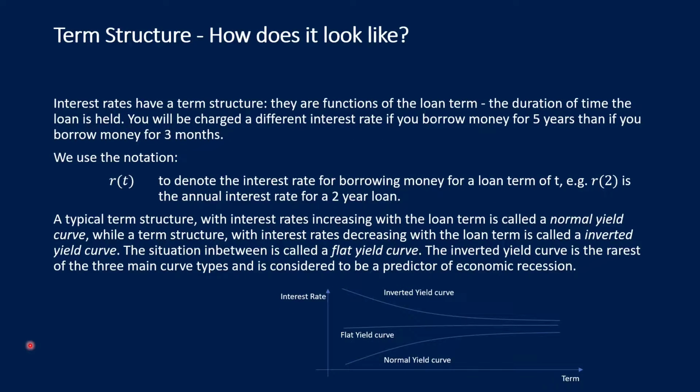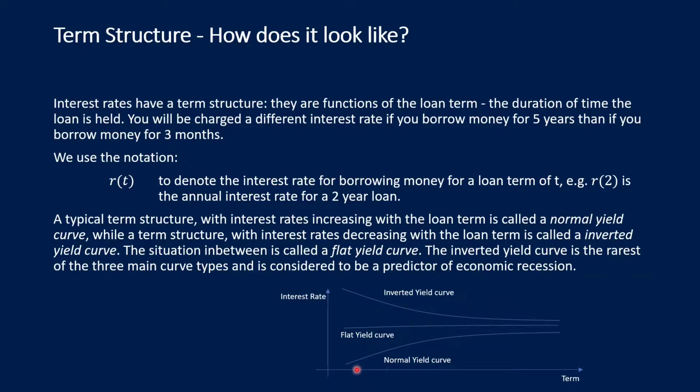As I said, the bond market or the money market can be differentiated by the term of the credits that are traded there. So we see something like a term structure, a function of the loan term. Here we see the term on the x-axis. So how long do you want to borrow your money?